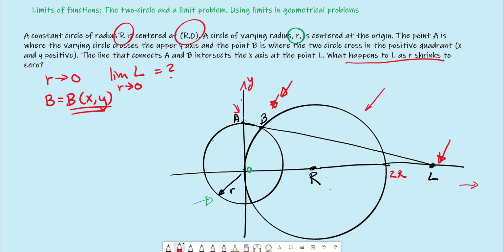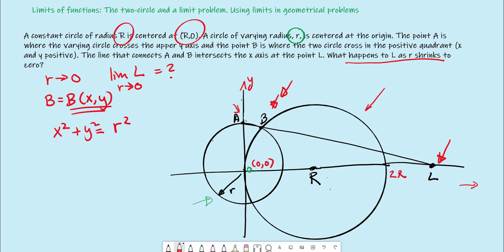So let's write out the equations for these two circles. The first circle is centered around the origin, where x equals 0 and y equals 0. And so the formula for that circle is just x squared plus y squared equals little r squared. This is just the formula for a general circle centered at the origin.